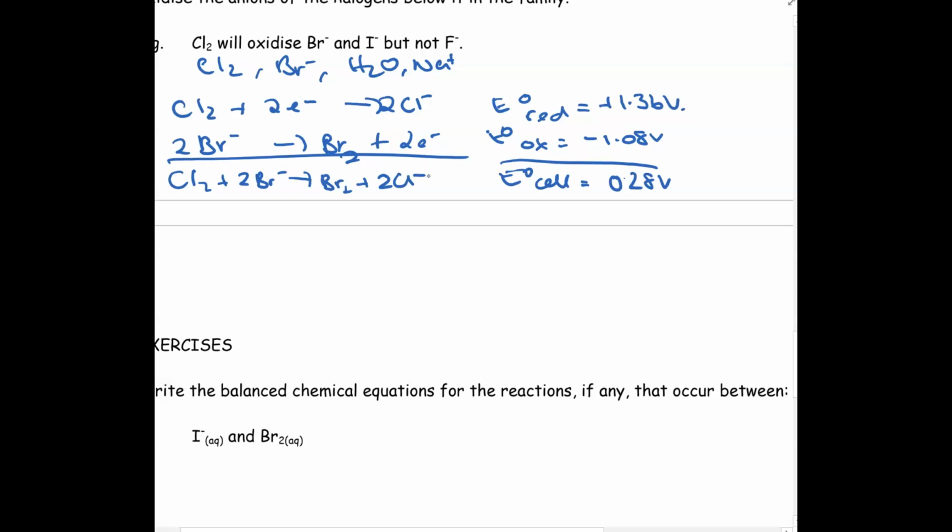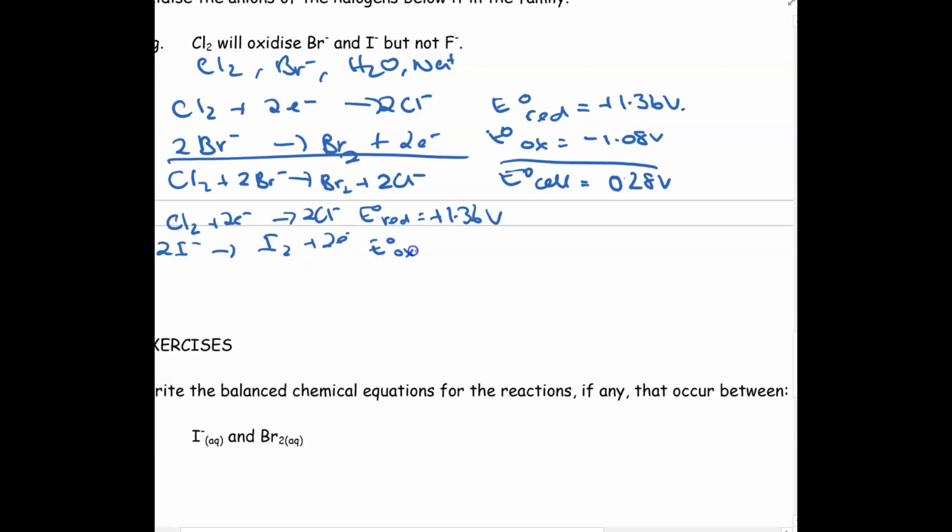Iodide ions. So once again, your chlorine plus 2 electrons goes to 2 chloride ions. E0 for reduction is equal to positive 1.36 volts. Put your finger on the right hand side and follow upwards until you find iodide ions, and you'll find 2 iodide ions goes to iodine plus 2 electrons.